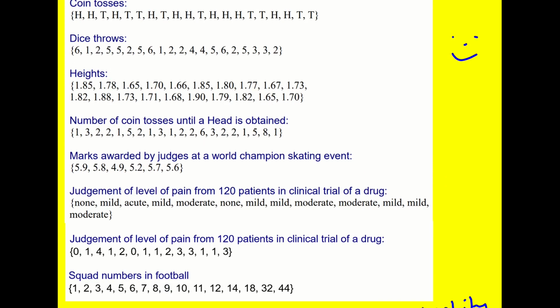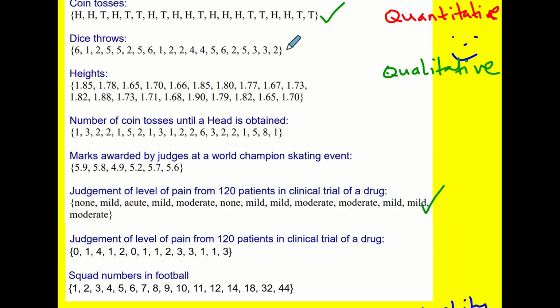Okay, my feeling is that, so I'm going to do a little key, quantitative, and then qualitative in green. So I'd say that this is qualitative, and this one and the others seem to be numerical, so they're going to be quantitative.